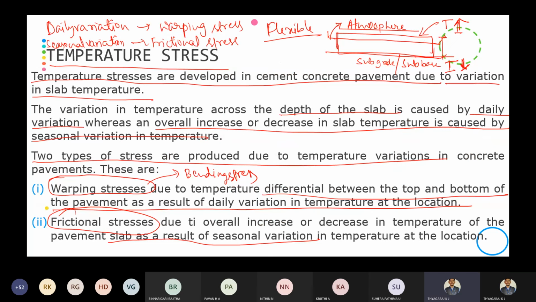Then the temperature stresses. I told you, when there is a daily variation in temperature, warping stresses are going to develop. When there is a seasonal variation in temperature, frictional stresses are going to develop.